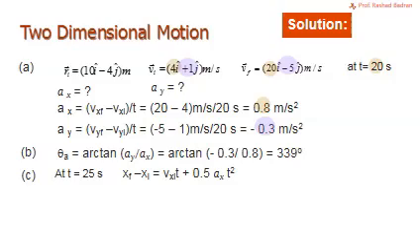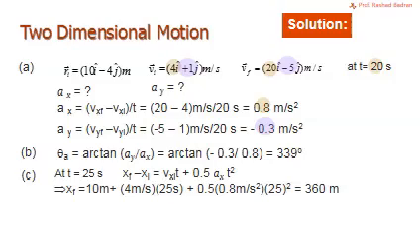unknown, which is delta x, and this is the one-dimensional motion equation, which is nothing more than vx initial times t plus one half ax t squared. We have it here in the problem, and we also have x naught, as you know, along the x-axis, that is 10 meters.